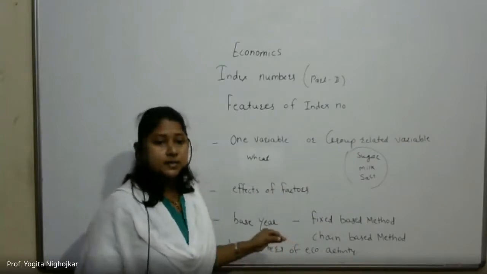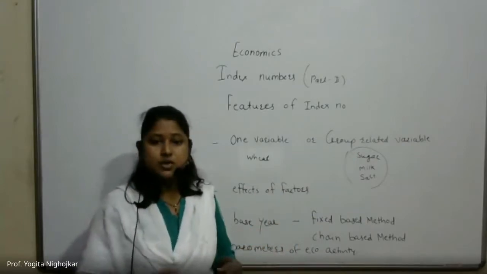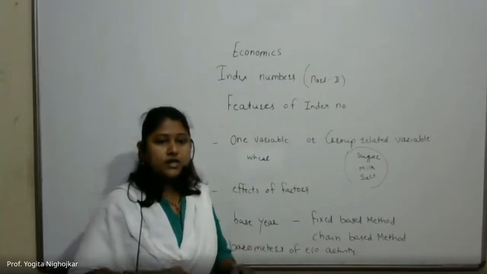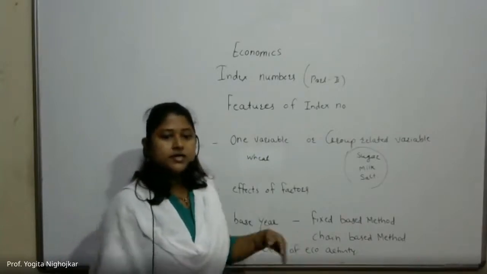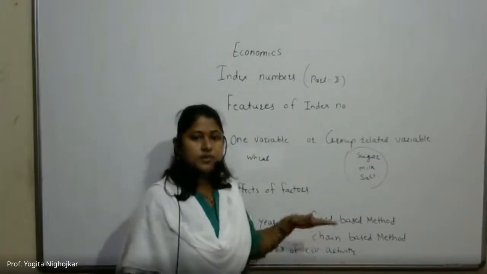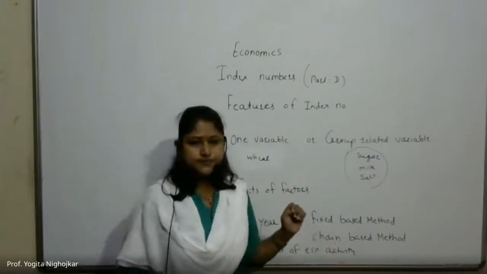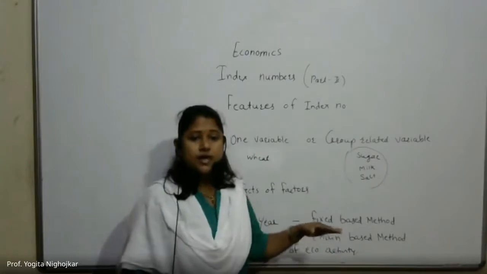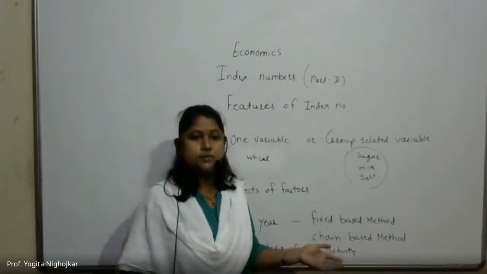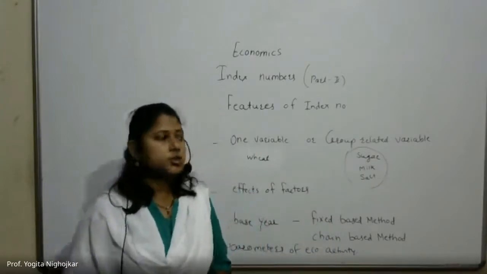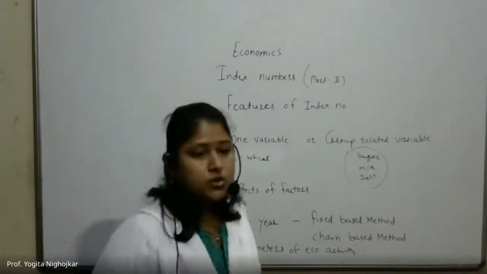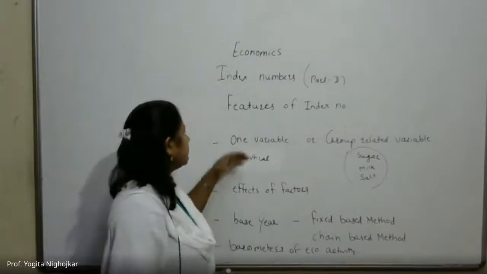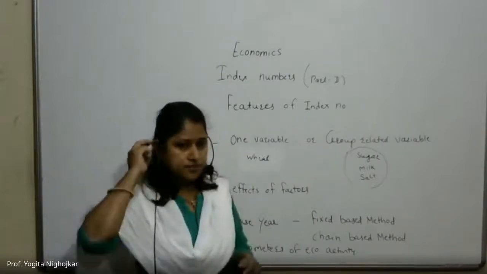The index numbers are known as economic barometers or economic indicators, since they help in understanding the changes in the economic condition of the society. A barometer can also be used to measure behavior at the consumer level. Okay, these are the features of index number.